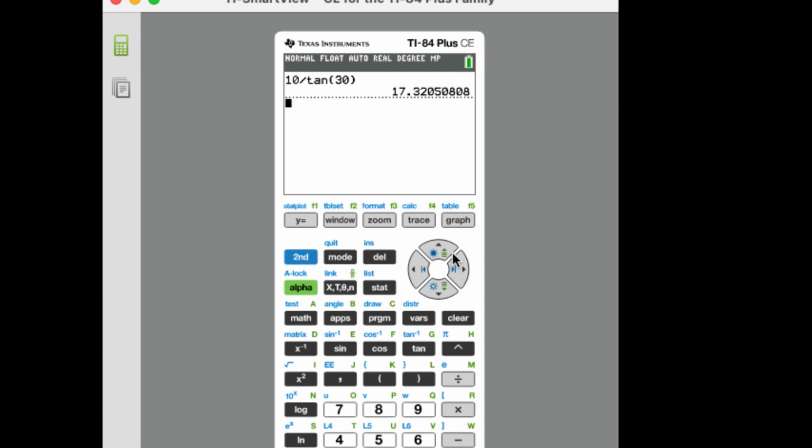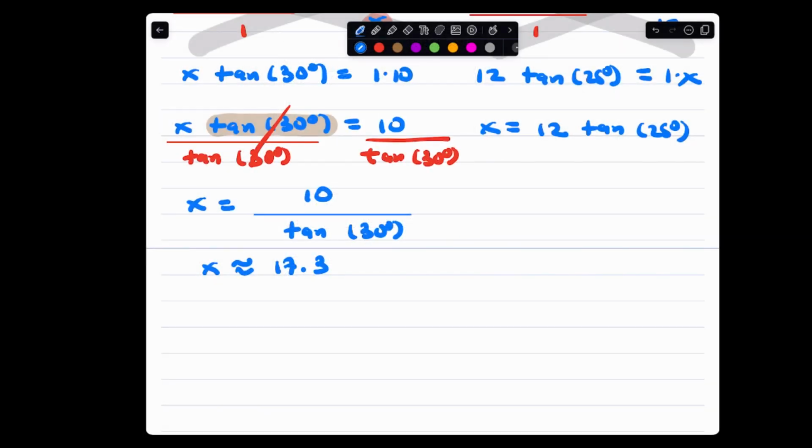What is this approximately? X is 17 point what to the tenths? Isn't the 3 in the tenths position? The digit to the right is a 2. So your answer is going to be 17.3. So ladies and gentlemen, you get 17.3 for your answer.